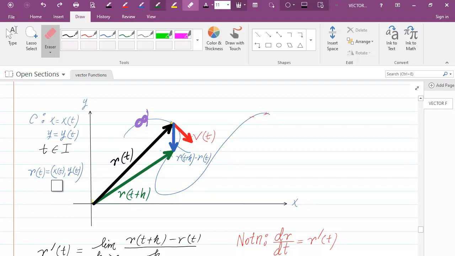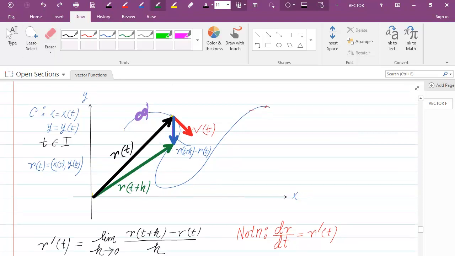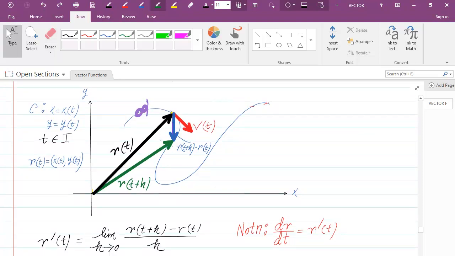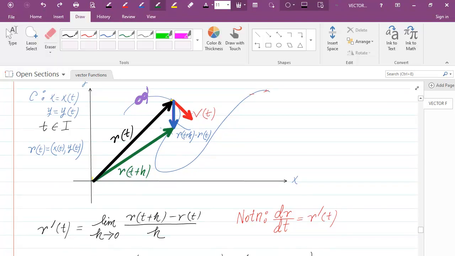Now, to have some context in mind, let's say that C is the path of a moving bug, and r of t is the position function of the bug. So what we want to know is how to define the derivative of r of t.